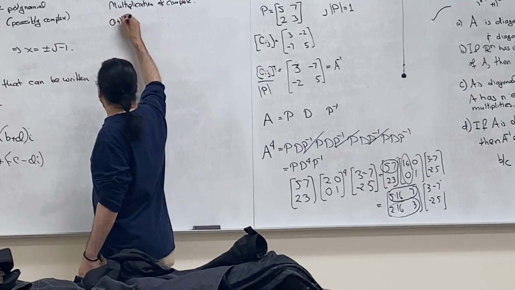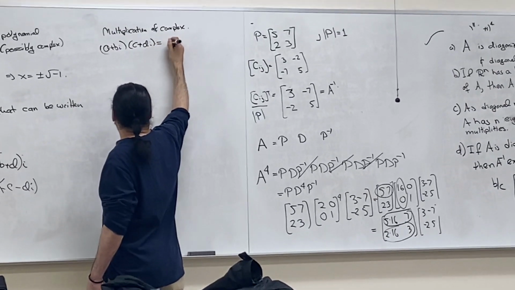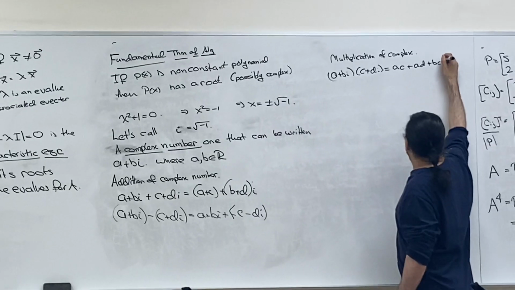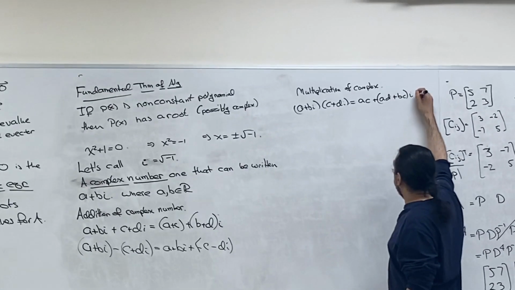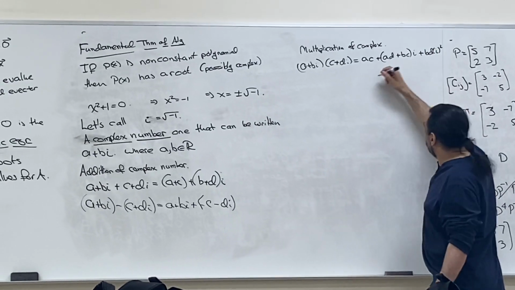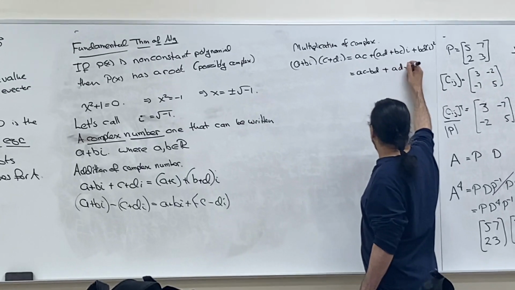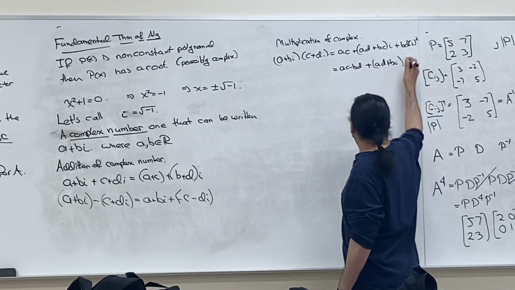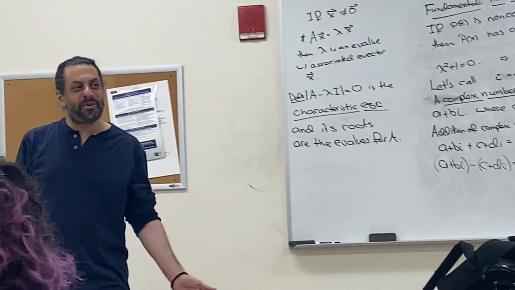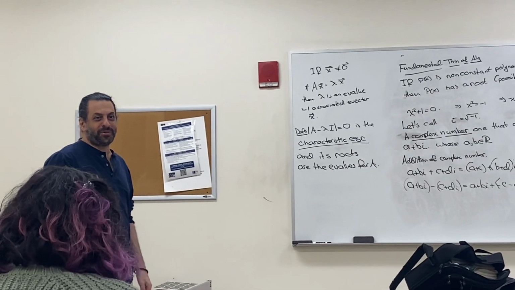So I'll say a plus bi times c plus di is equal to ac plus adi plus bci plus bd i squared. Collect like terms, I get ac minus bd plus (ad plus bc)i. Should you memorize the formula? I don't think so. Just remember i times i is minus 1 and you'll be able to produce it if you know basic algebra, the distributive law and such.